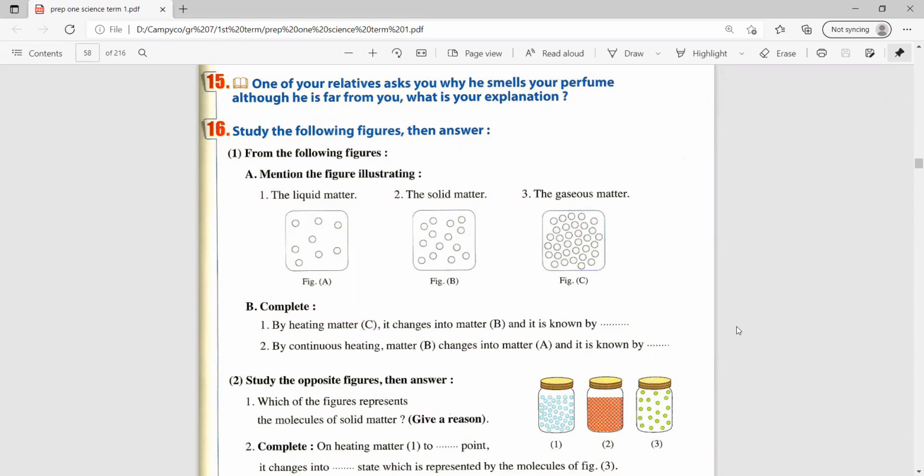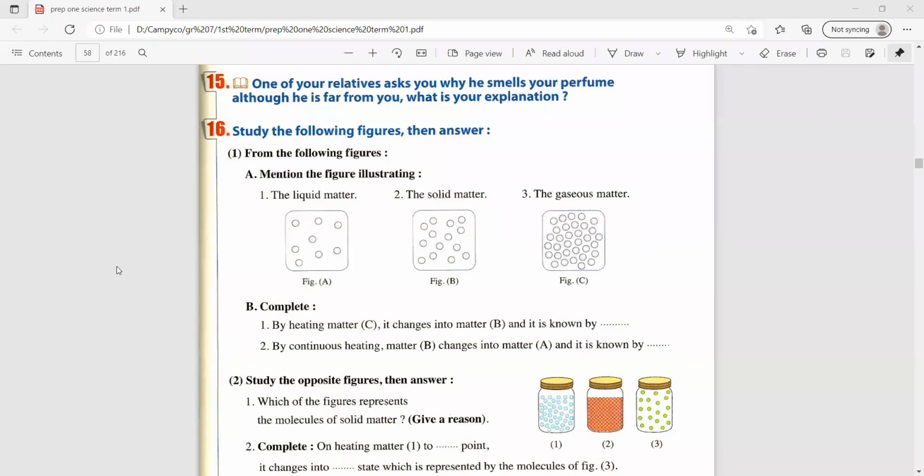So study the following figures and then answer. When we are asking, mention the figure illustrating. Liquid, of course, is liquid A, B, or C? B, solid, C, and gas, A.